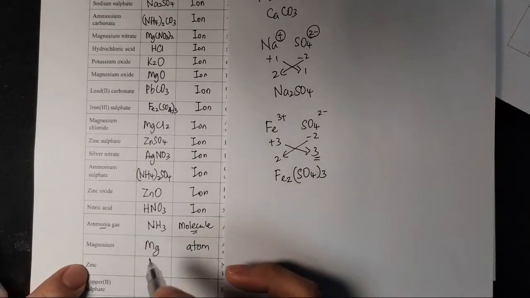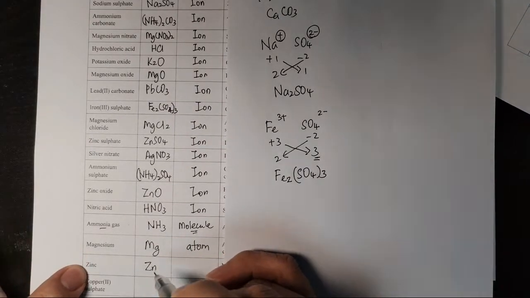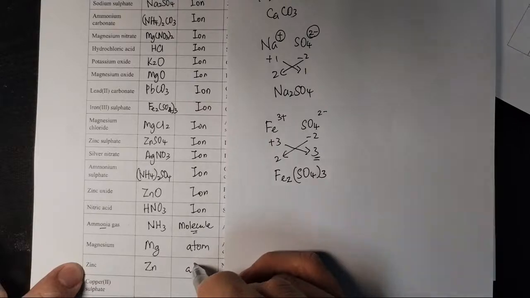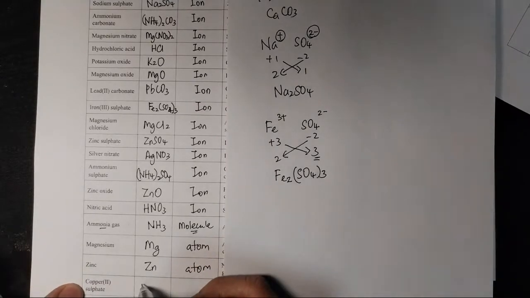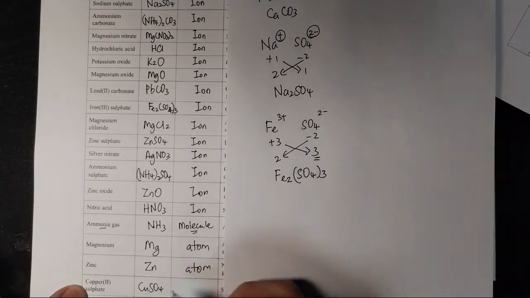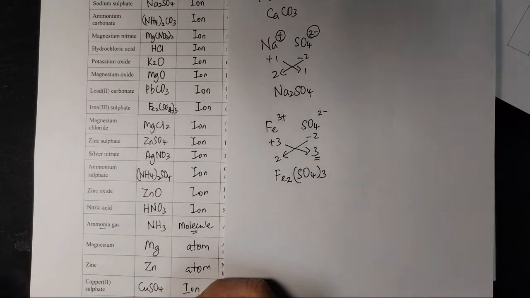Zinc is also the same, Zn, no charge, so it's an atom. Copper 2 sulfate, CuSO4, so it's ions. Iodine is I2, a molecule. Chlorine is also Cl2, a molecule.